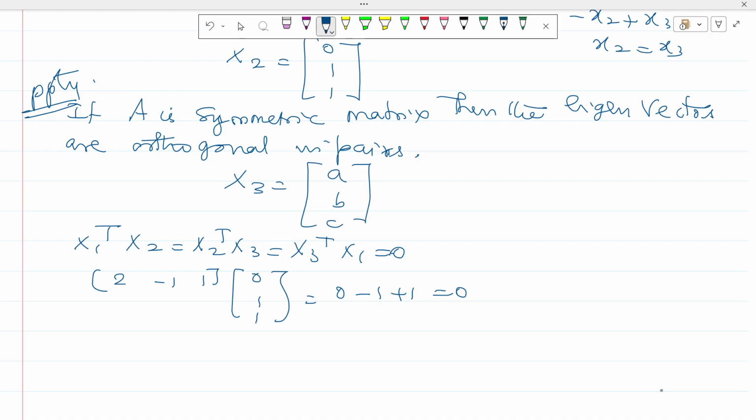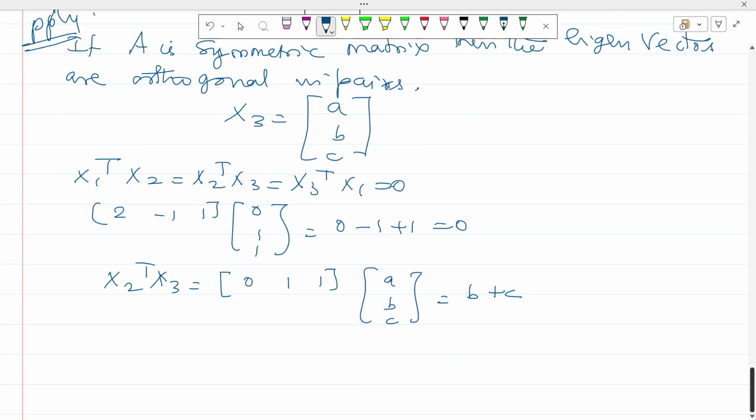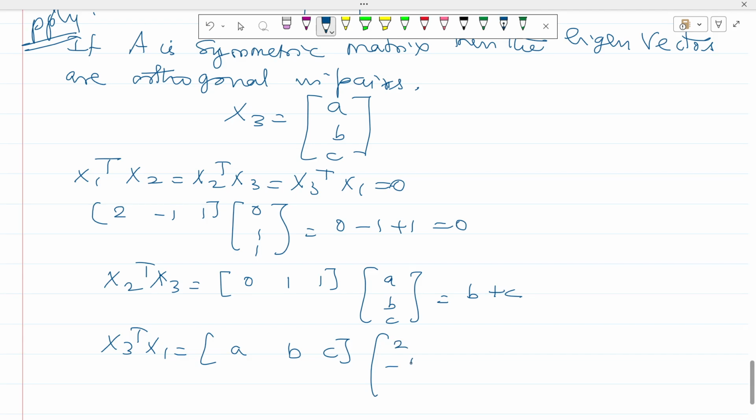It is satisfied. For the second one, x2 transpose x3. x2 is 0, 1, 1. x3 is A, B, C. So that is B plus C. Similarly, x3 transpose is A, B, C and x1 is 2 minus 1, 1. That means 2A minus B plus C equal to 0.